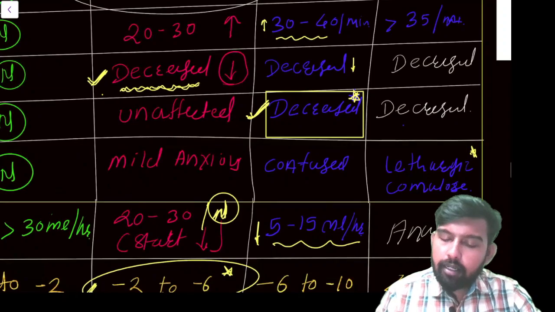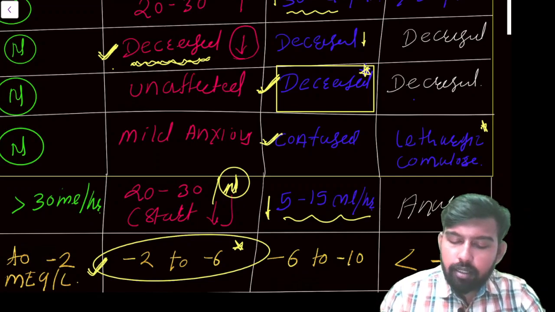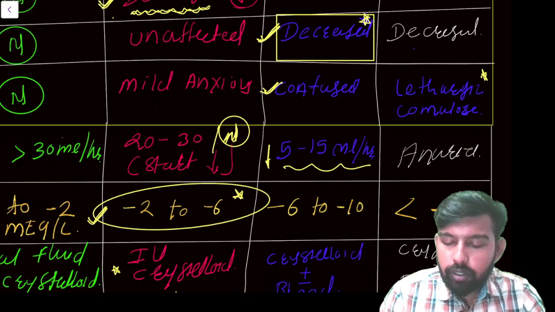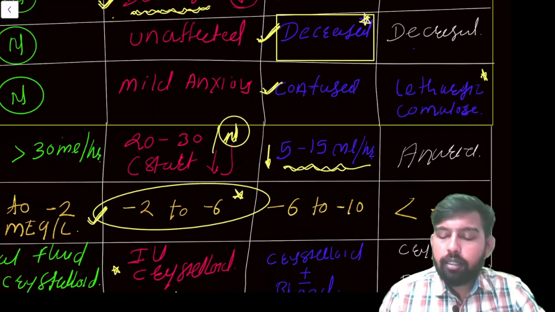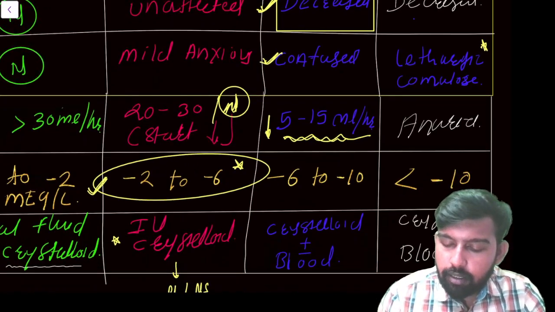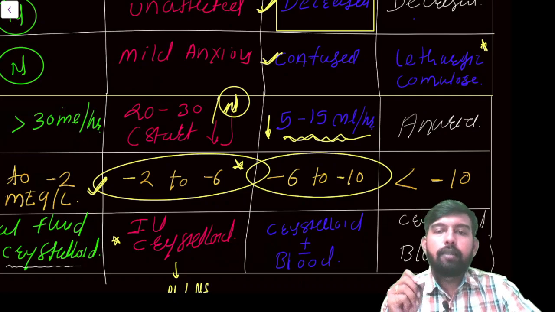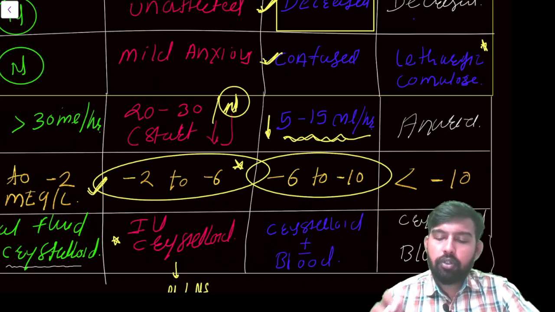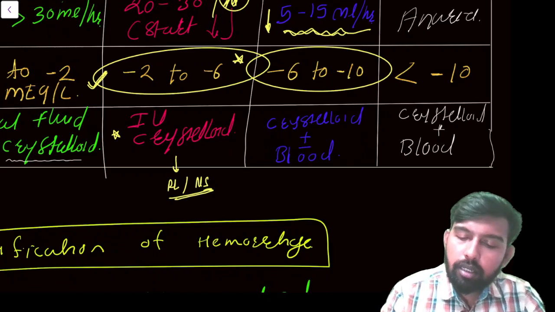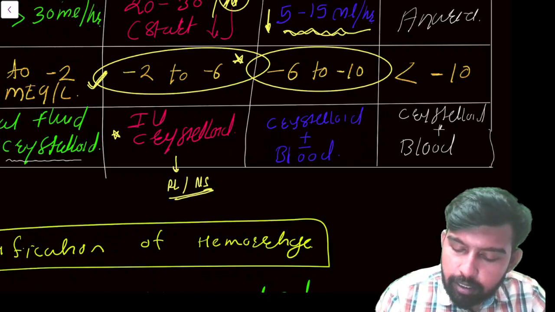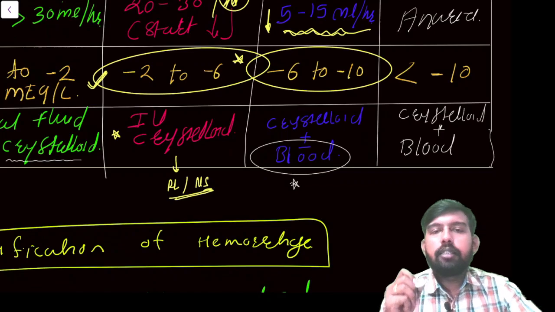The patient is confused in mentation and there is a decrease in the urine output, up to 5 to 15 ml per hour, and the base deficit is also increased, it is -6 to -10 in case of a class 3 shock. This could be treated by crystalloid, or there could be a possibility of requirement of blood in case of a class 3 shock.